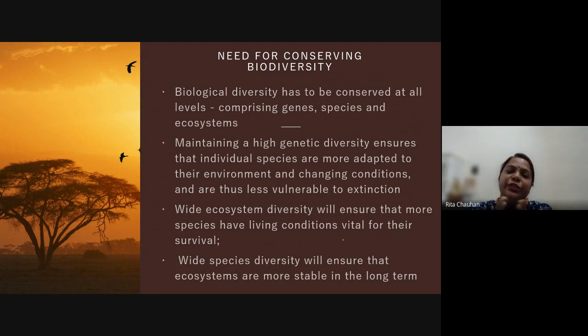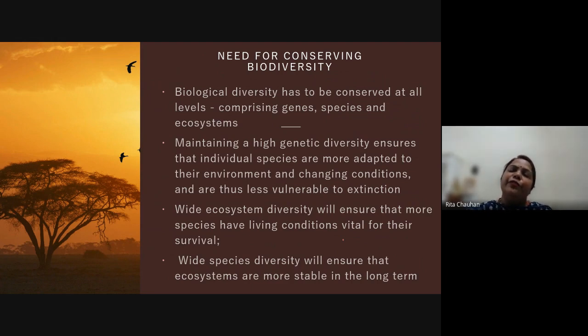We should have their genes so that if in future there is a change in environment, the local species have more potential to withstand that change. So high genetic diversity will have more capacity to withstand the vulnerability of a changing environment.